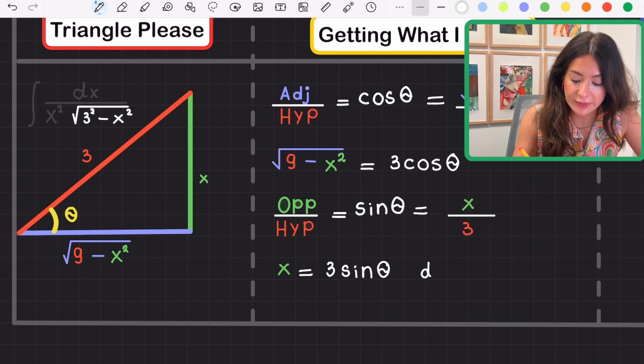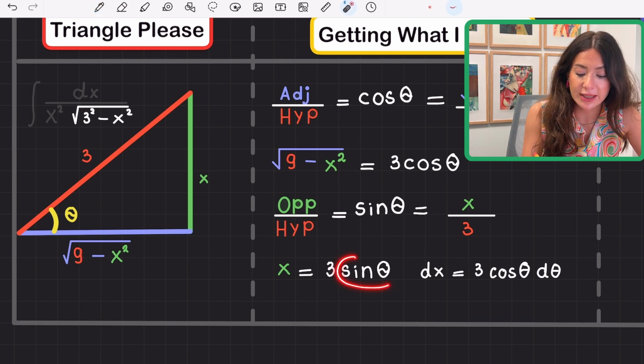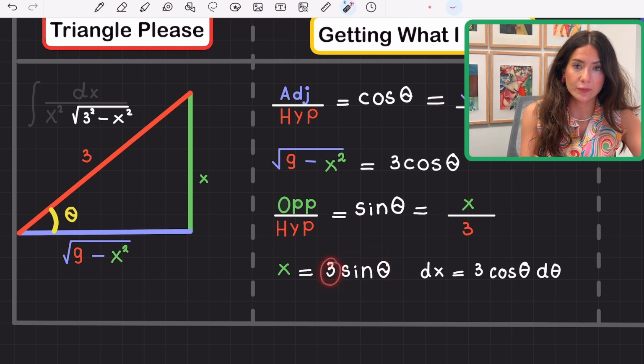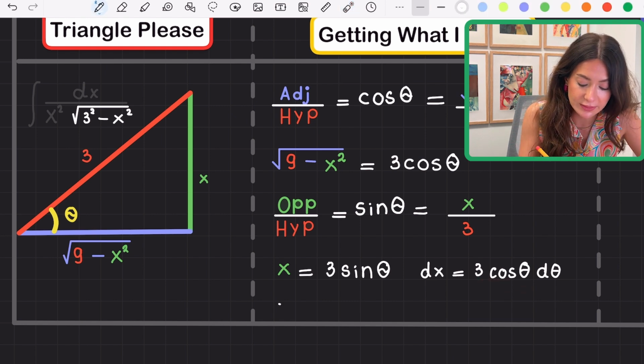Now, the derivative of that is simply 3 cosine theta, and d theta, don't forget that, because the derivative of sine theta, and you keep the coefficient, is cosine theta, right? So that's the derivative. And the x squared, might as well express that as well. That will be 9 sine square theta.